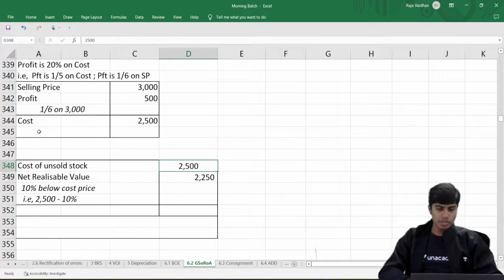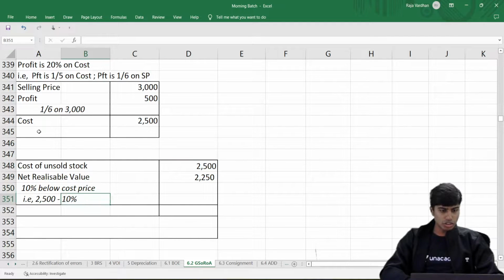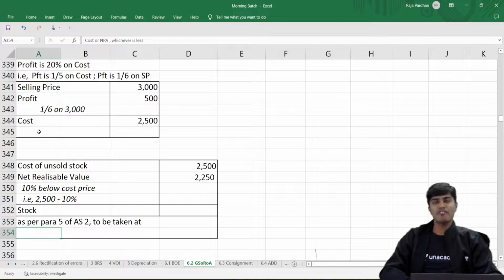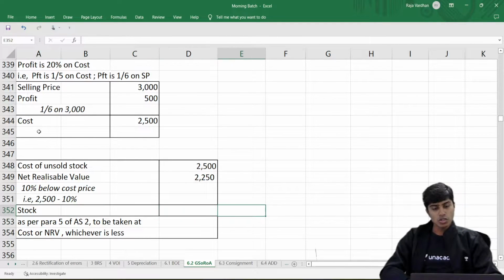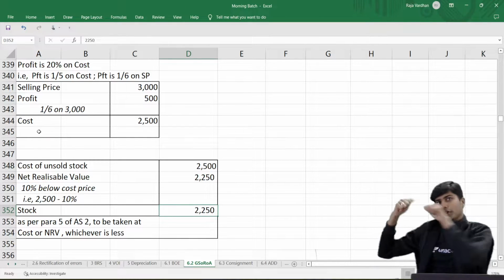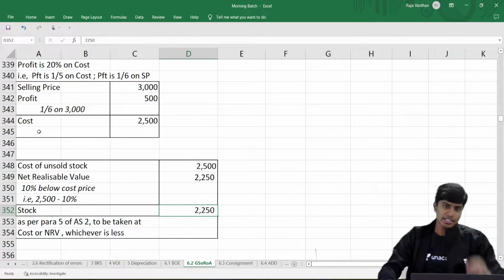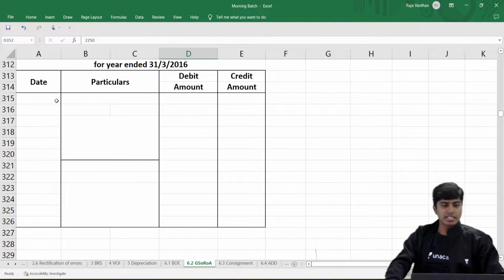And I am going to take my stock at cost or NRV, whichever is less. As per paragraph 5 of AS 2, inventory should be taken at cost or NRV, whichever is less. So I should record it at 2,250. So the second entry for inclusion of stock, that should be at 2,250. Got that, guys? Come on, let's first reverse the sales entry.